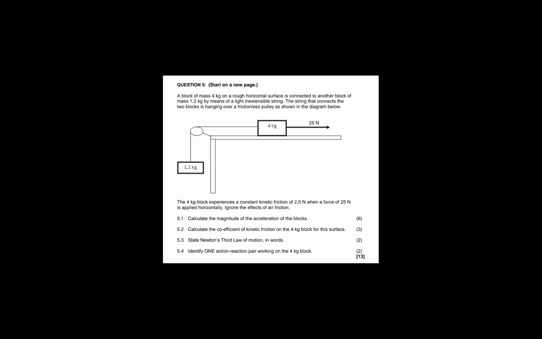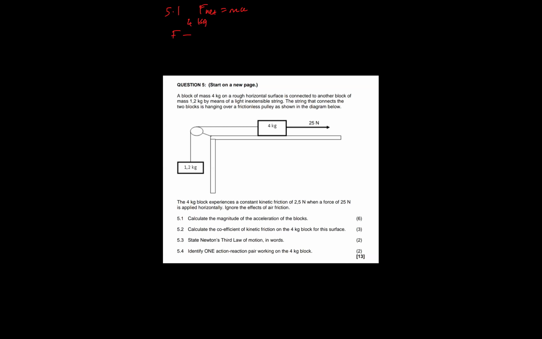Now, we're going to define Fnet. We are doing it this way. Fnet is equal to MA. So on 4 kg, how do we define Fnet? We have F applied there.